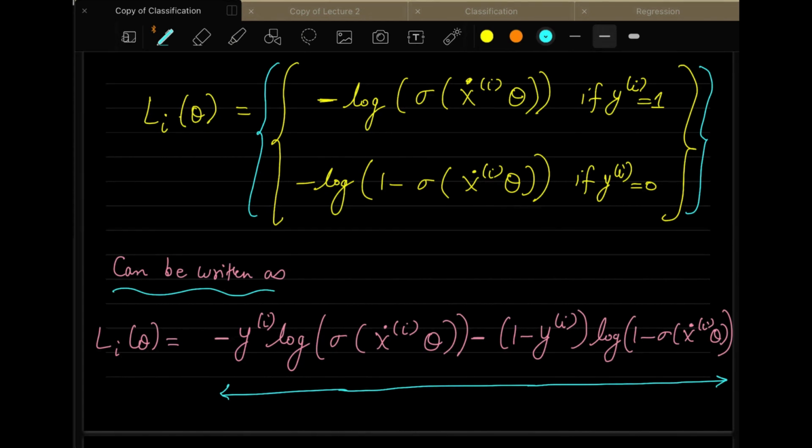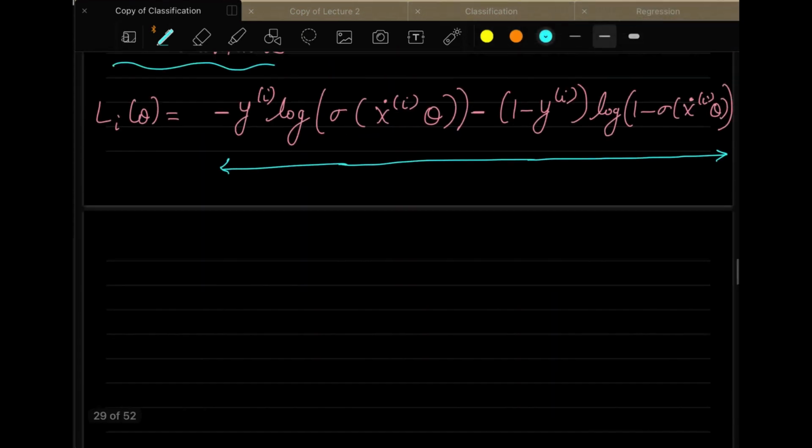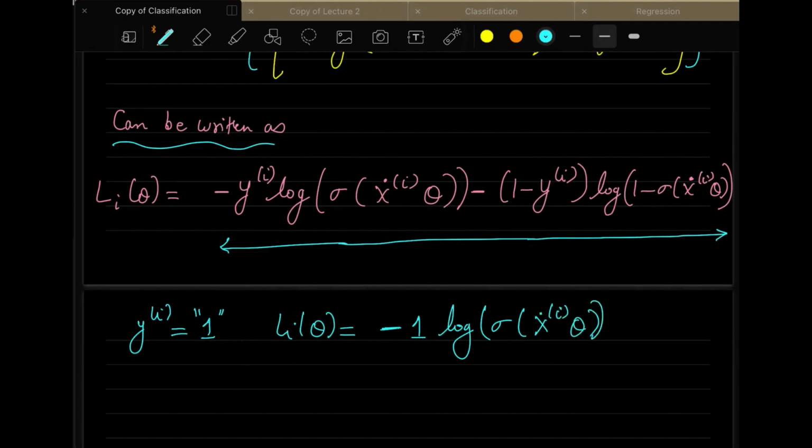Now you can see this single equation actually represents both of these conditional statements which are given on the top. How can you deduce each of them? It is very easy. Let us say yi is 1, our class is 1. Then the loss function Li(theta) will be minus 1 times log of sigma, and then you have this minus.